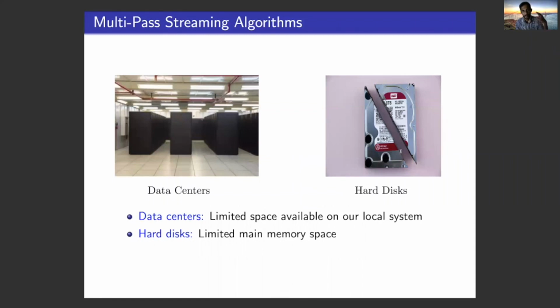Let me first motivate why studying multipass streaming algorithms is interesting from a practical point of view. Let's take two examples. The example on the left shows some data centers. Assume you want to stream data from a data center onto your local system. Naturally, there will be limited space available on your local system compared to the amount of data that will come from the data center.